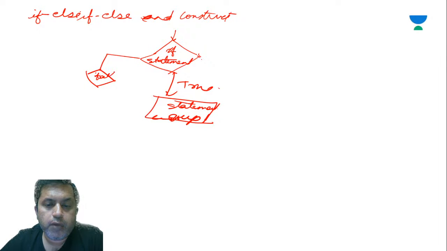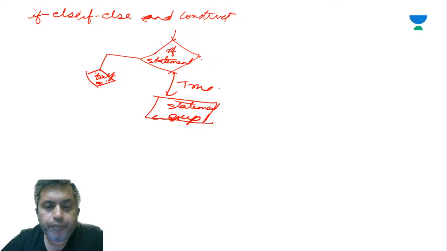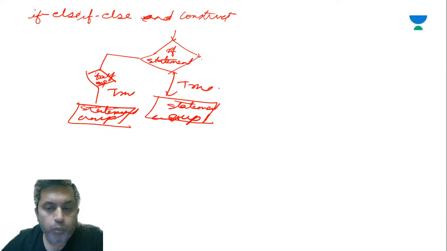control structure, if else, expression, if else I will involve. If this is true, I will write statement group 2, okay. If this is false, again one condition, and it is true, again there is one more condition left.